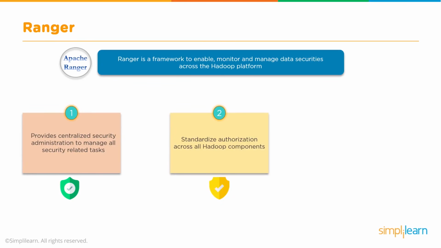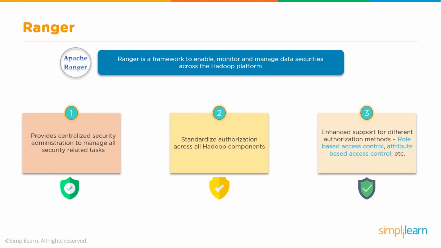The second thing it does is it has a standardized authorization across all Hadoop components. And third, it uses enhanced support for different authorization methods, role-based access control, attribute-based access control, etc. So your Apache Ranger can go in there, and your administrator coming in there can now very easily monitor who has what rights and what they can do and what they can access.